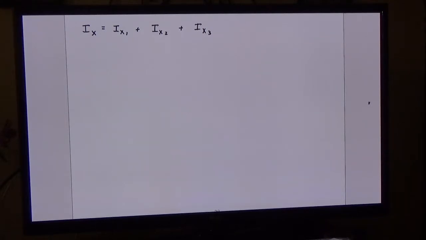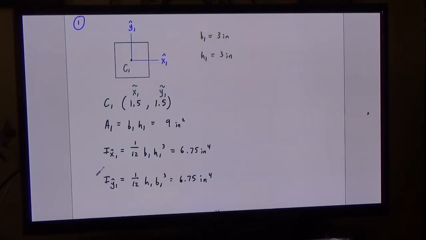Then, for each of the moments of inertia, for instance, I about x for part 1, notice what I have for part 1 is I have I about x hat 1, not I about x. So I need to take and move the moment of inertia from the x1 hat axis to the parallel x-axis.